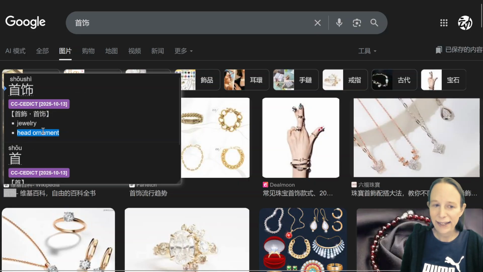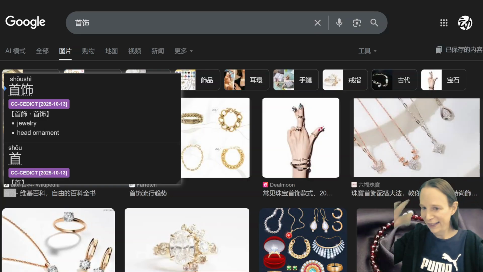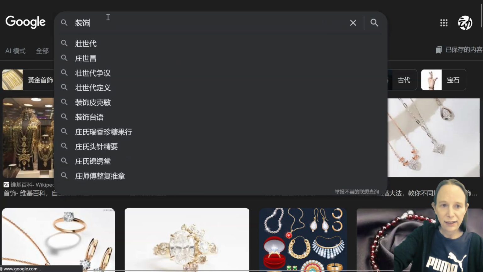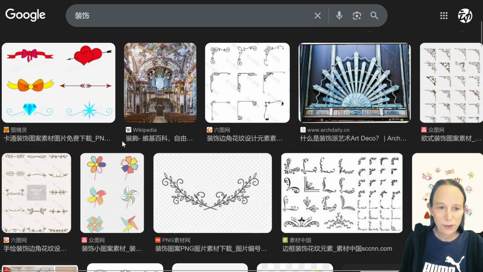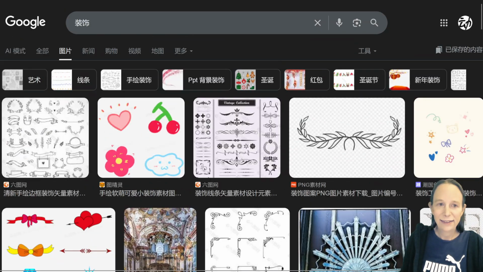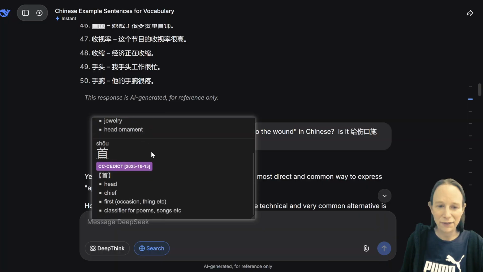Oh okay, probably it originally meant head ornament and then extended its meaning to jewelry in general. The other one is 装饰, this is like decorations, right? So presumably it's the same thing, so it feels like head decorations is jewelry. I presume that's the origin of the word.